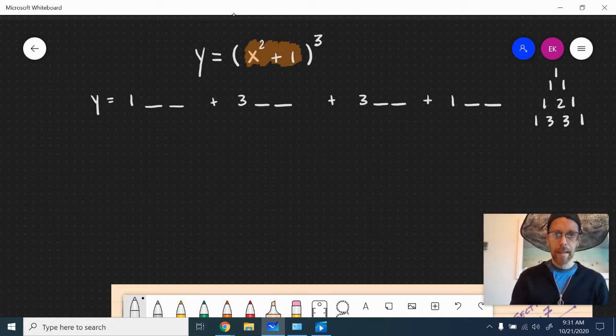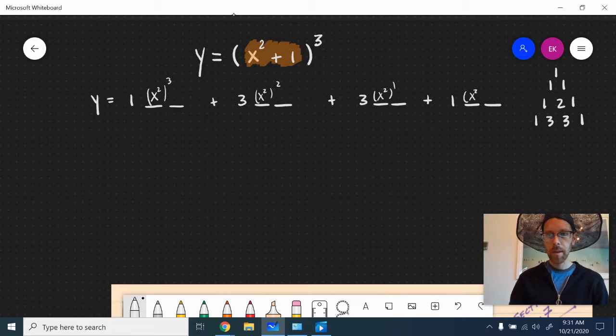And then we could say, I've got x squared here. So this will be x squared to the third power, x squared squared, x squared to the first, and x squared to the zero. And then I got a 1, so it'll be 1 to the 0, 1 to the 1, 1 to the 2, 1 to the 3.